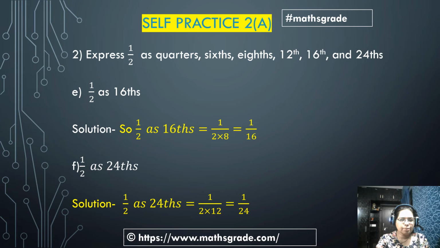Now we will express half in 16ths. We know 2 multiplied by 8 is 16. So 1 multiplied by 8 over 2 multiplied by 8 equals 8/16. Now we will express half in 24ths. We know 2 multiplied by 12 is 24. So 1 multiplied by 12 over 2 multiplied by 12 equals 12/24.